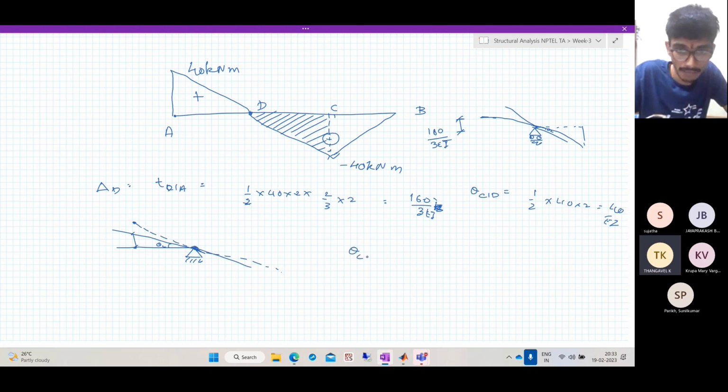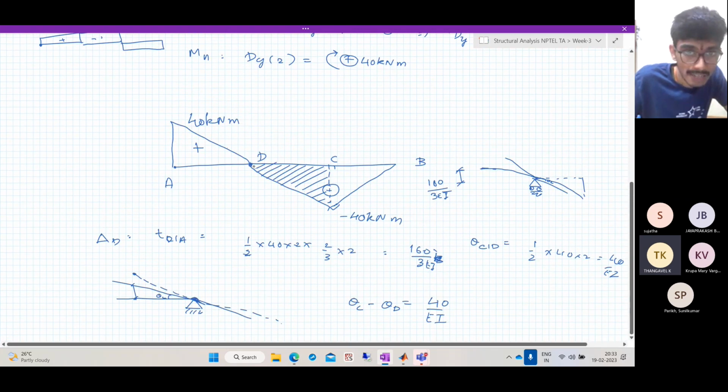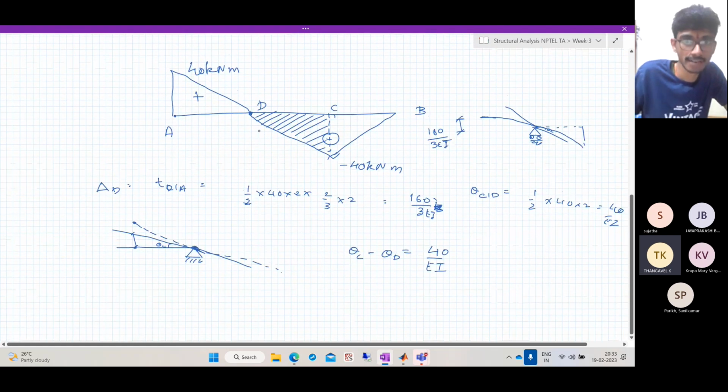So theta C minus theta D is 40 by EI. And then theta D with respect to A is the same thing.